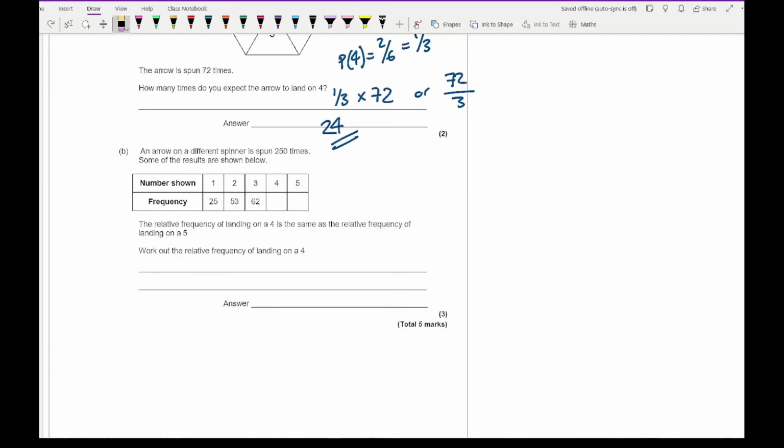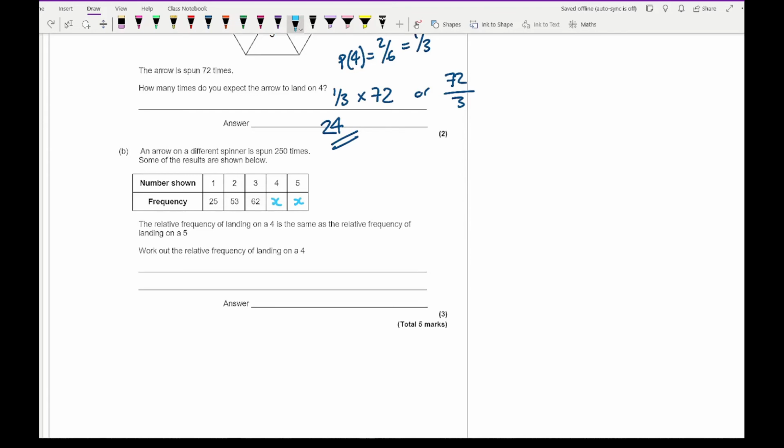So moving on to B, it says an arrow of a different spinner is spun 250 times. Some of the results are shown below. The relative frequency of landing on a 4 is the same as the relative frequency of landing on a 5. Work out the relative frequency of landing on a 4. So if they're both the same, this is going to be x and this is going to be x.